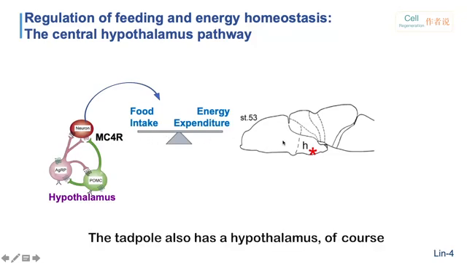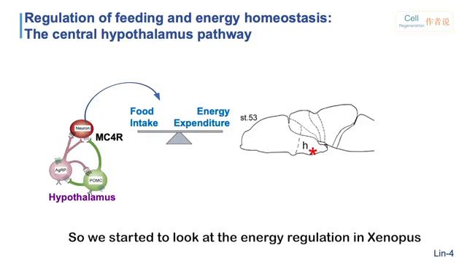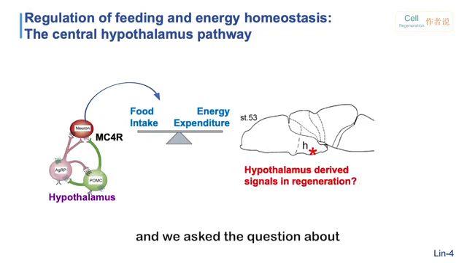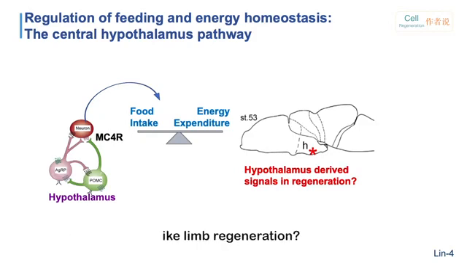The tadpole also has a hypothalamus, of course, but there are not many studies on energy regulation in amphibians. So we started to look at the energy regulation in Xenopus, and we asked whether the hypothalamus has any function in regeneration, like limb regeneration.